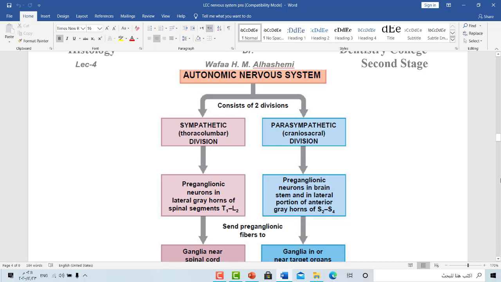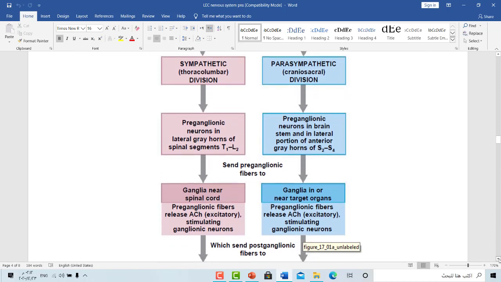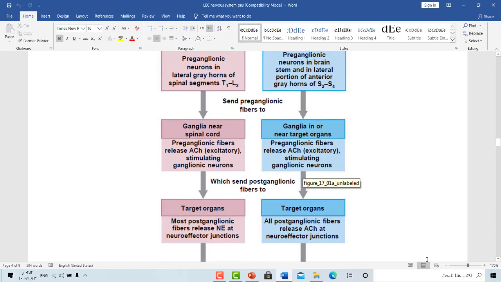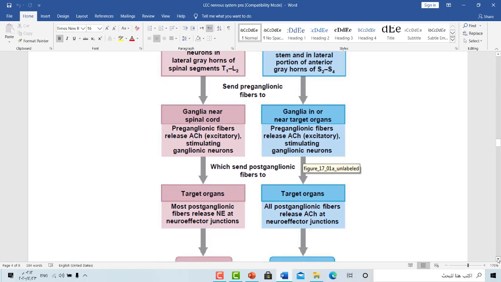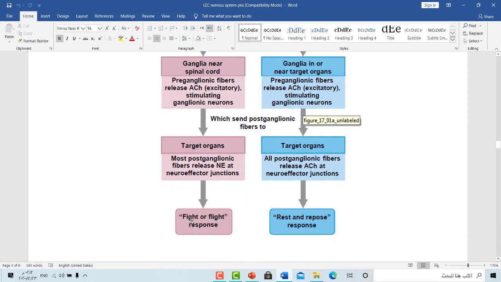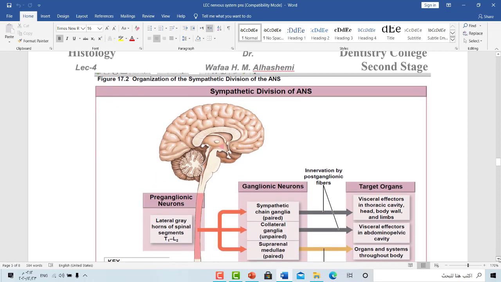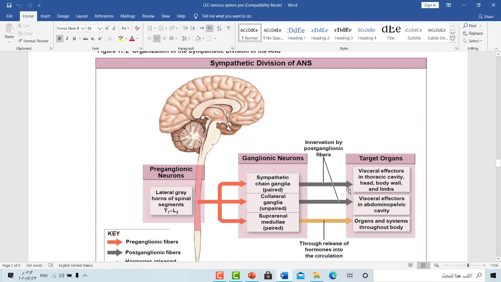The sympathetic releases epinephrine, and some synapses release acetylcholine. This is called fight or flight, and the other is the rest stage. This will be explained in the next video about the sympathetic division.